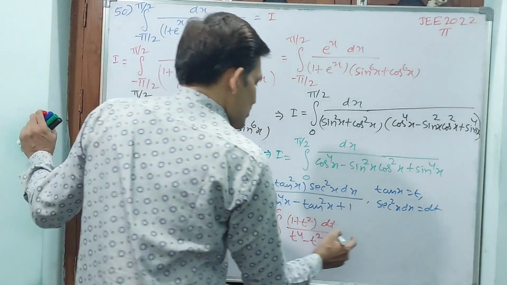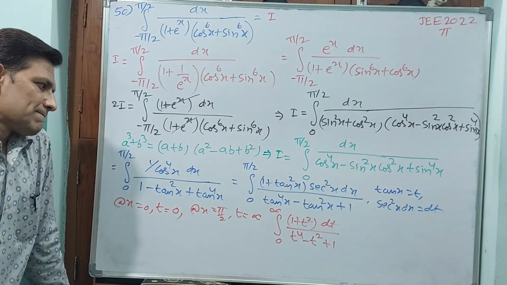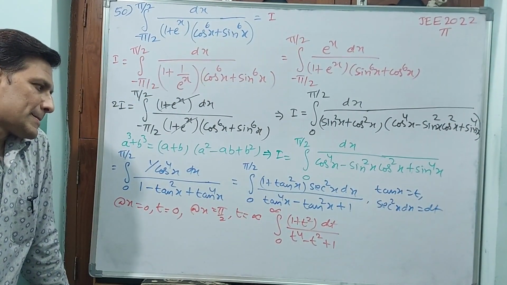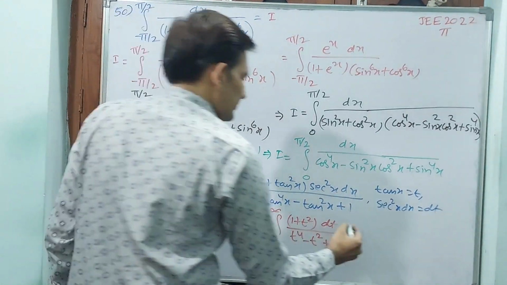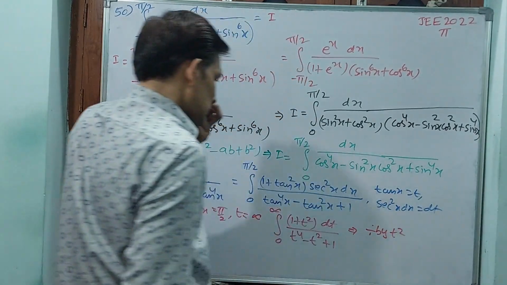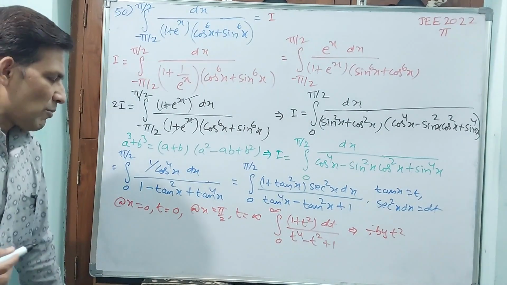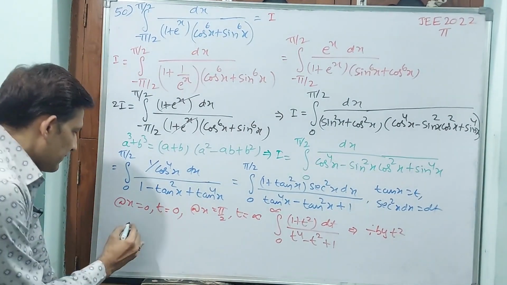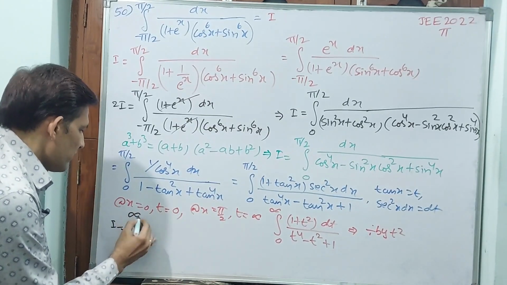Now we have to change this. Divide by t square. Earlier also I have done the same thing. First of all, I is equal to integral 0 to infinity.